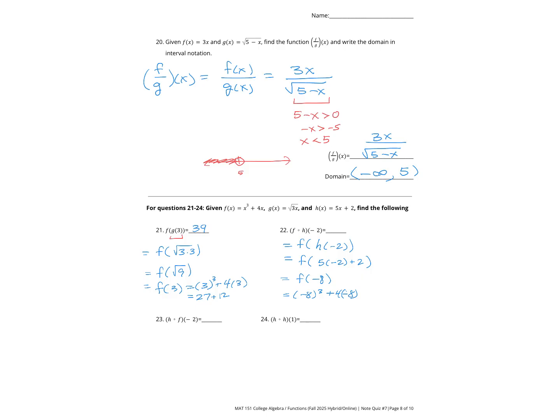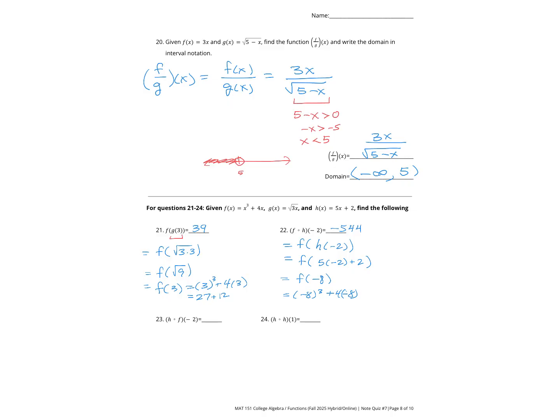So let's see here. We're going to get a negative 8 cubed minus basically a 32, which would be negative 544, which is a really big answer, but it is what we get. So negative 544 is our answer.